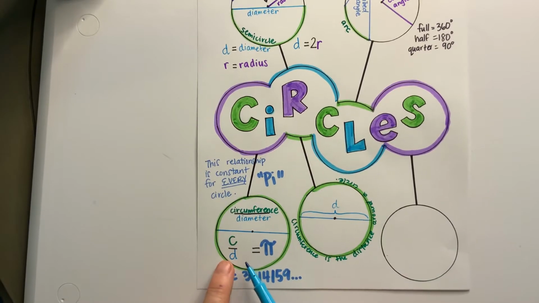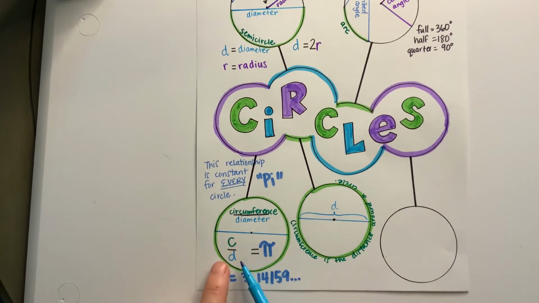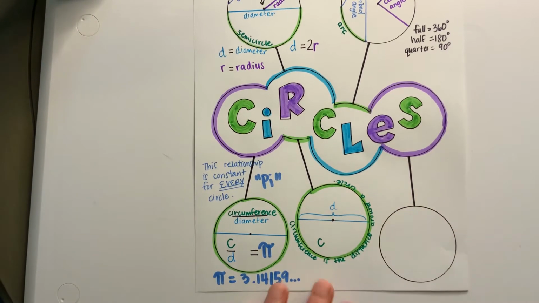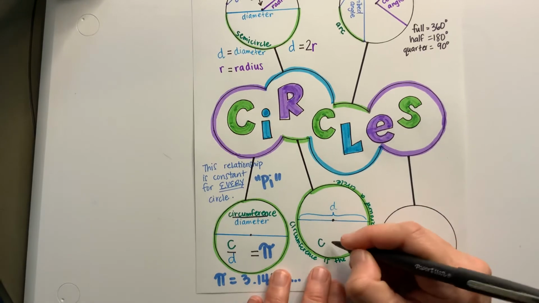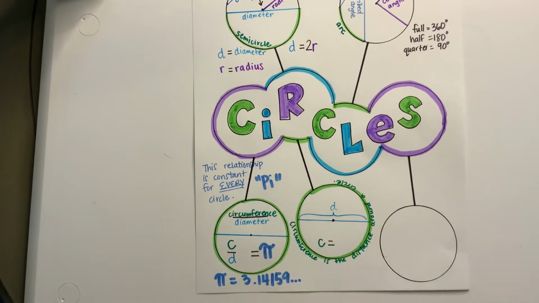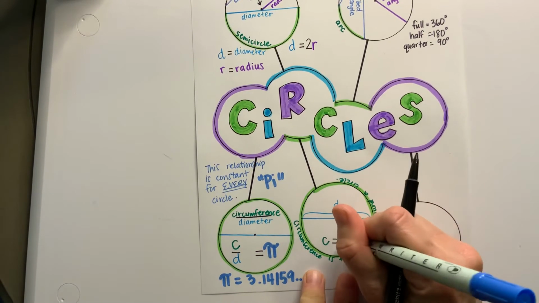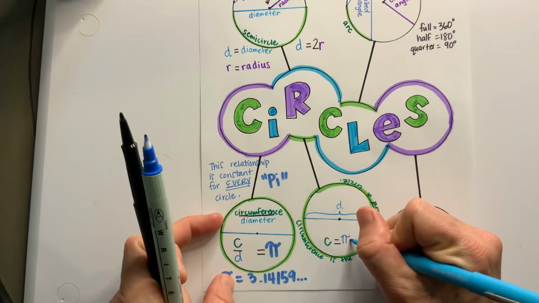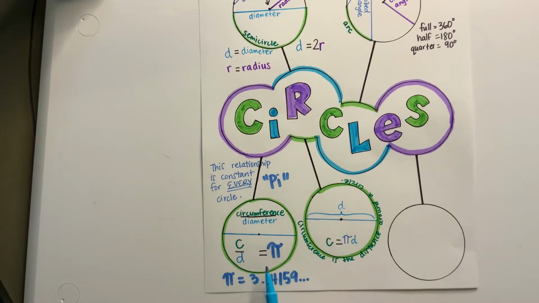So if I were to then rearrange that, multiplying each side by D, I can see that the circumference of a circle is equal to pi times D. And you can see that where we got that, I basically multiplied each side by D. That canceled out the D there, and I have a D over there.